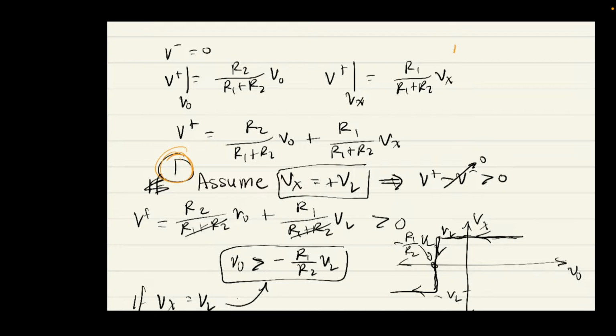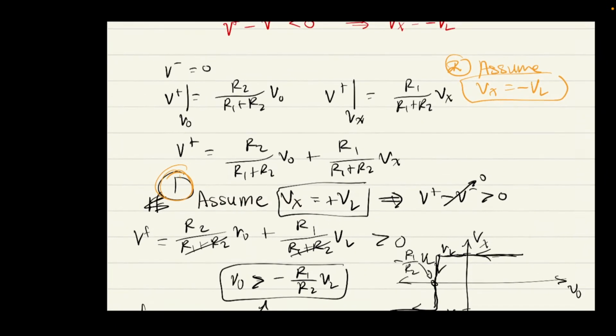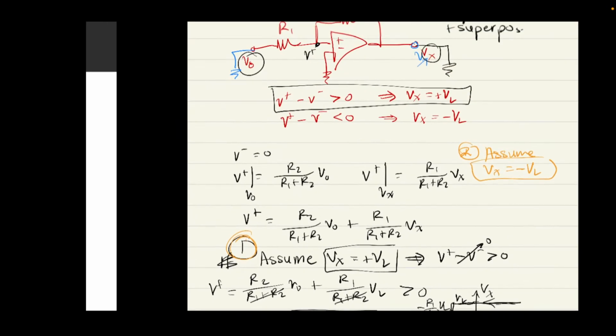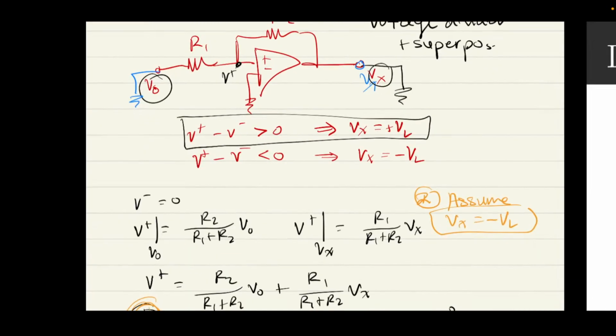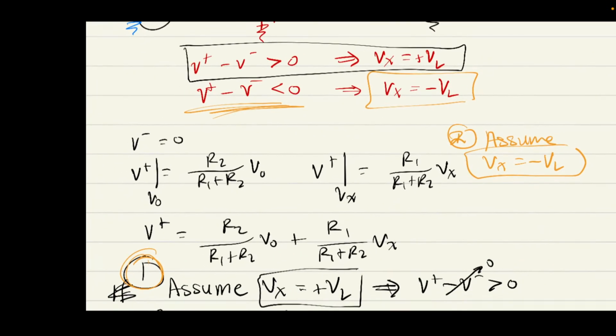We also have to now assume that Vx is negative VL, right? Well, what happens in this case? If this is true, we have that the difference is negative. In other words, V plus minus V minus, where V minus is just 0, is smaller than 0.